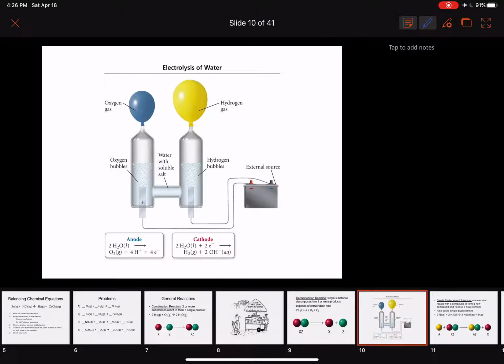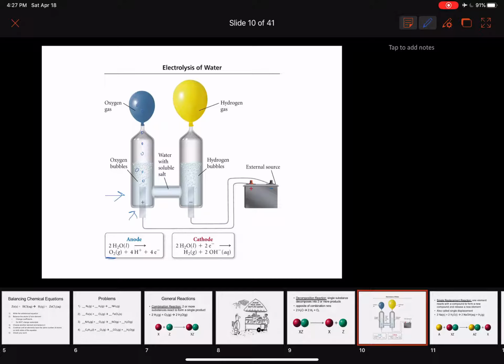Well, I have a little picture here for you guys, and this is called electrolysis. So what we would do is we'd put some water in here, and we'd run an electric current through the water, and what we'd find is that at the anode, which is right here, we would form oxygen, and the oxygen, because it's gas, would form bubbles, and they would go up here into this balloon.